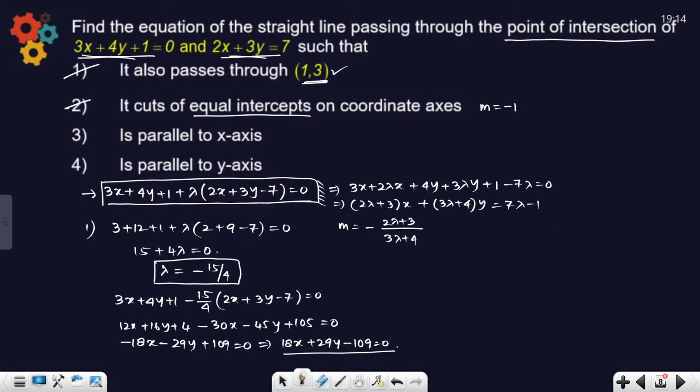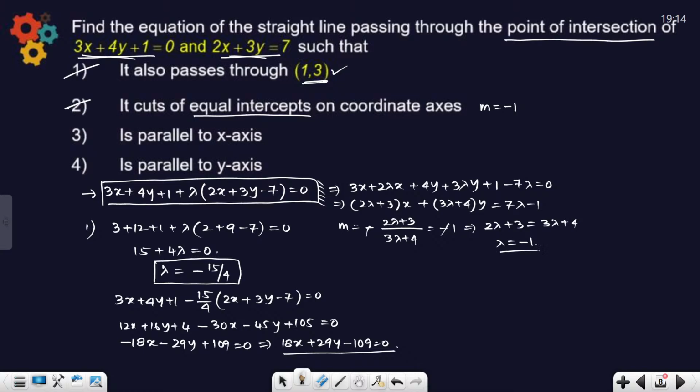Convert this line in terms of y equals mx plus c to find its slope. Now by the problem, this is equal to -1. So from here, minus goes off. So 2 lambda plus 3 equals 3 lambda plus 4. So we have lambda equals -1.